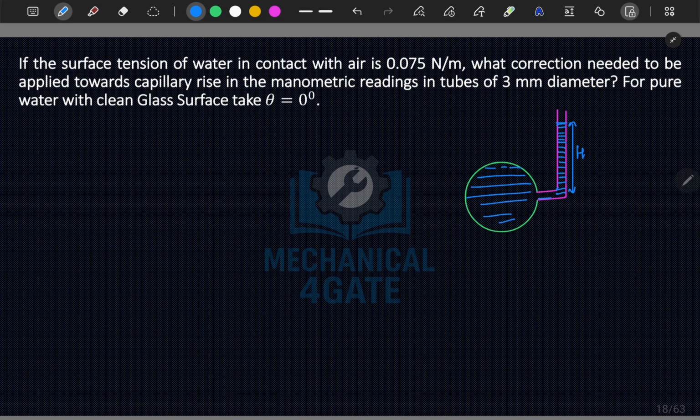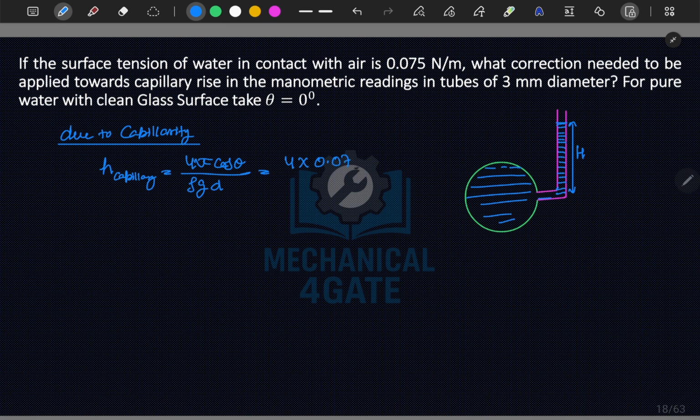But what is happening is that due to capillarity, H capillary will be equal to 4 sigma cos theta by rho g D, which is 4 times sigma. Sigma is 0.075, into cos theta, cos 0 is 1, divided by rho g which is 9810, into D which is 3 mm, that is 3 into 10 to the power minus 3 meter.